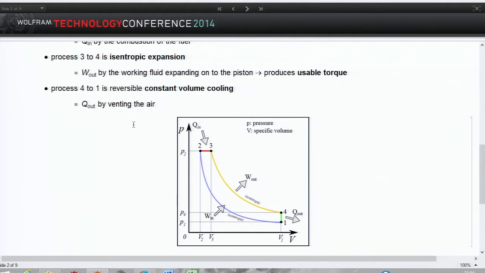This is the only part in which the diesel cycle does work. And then after that, we are in state number 4, in which the air and the rest is pushed out from this machine. And then we are back in state number 1.